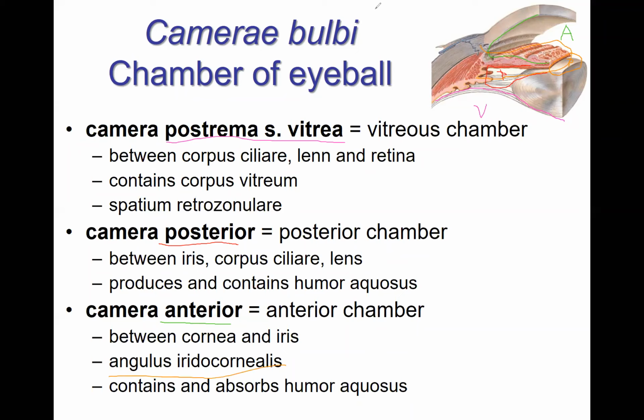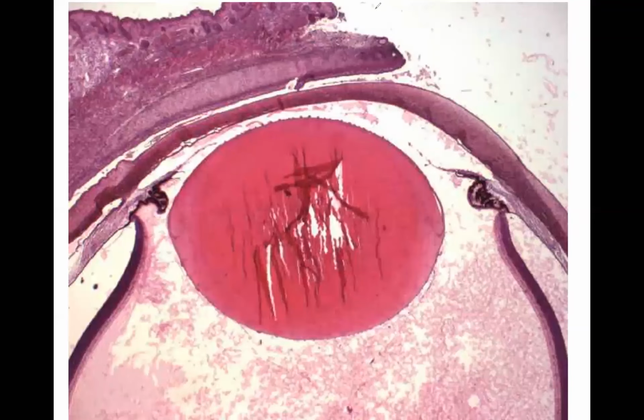Now let's come to the iridocorneal angle. Here again the chambers, yeah, the anterior chamber, the posterior chamber, and the vitreous one. This is ciliary body, iris, retina, pigmented epithelium, and you can see the detachment after histological processing, and this detachment can happen when the vitreous body is not here.